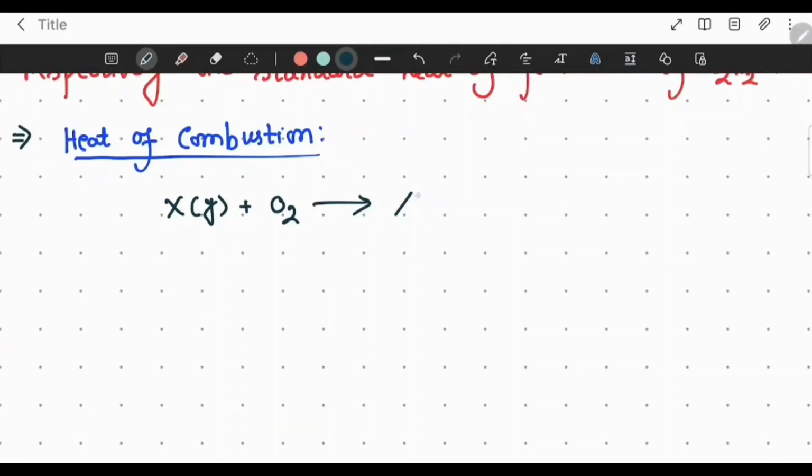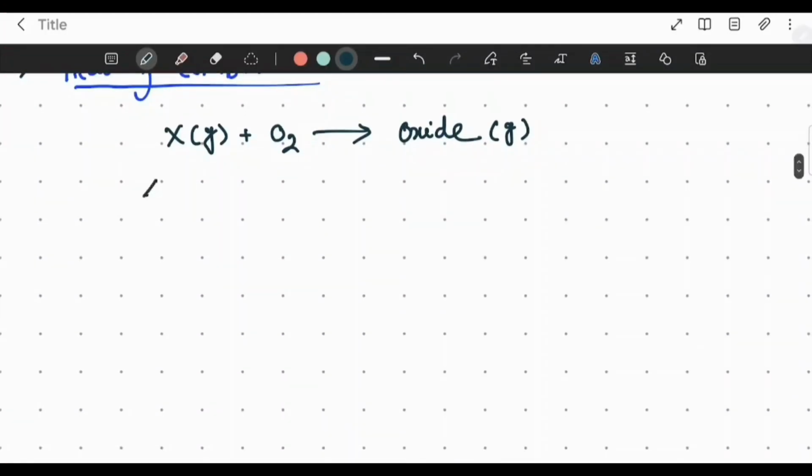Let me write it. The oxide that is produced is also gas. Okay. So now, if you take 1 mole of this gaseous species X, and after the combustion, calculate the net change of enthalpy, that means the enthalpy of the products minus the enthalpy of the reactants, that net change in the enthalpy is called the heat of combustion.